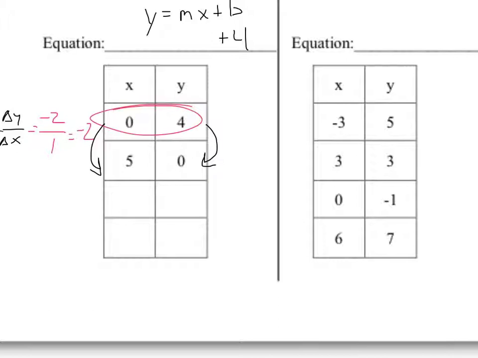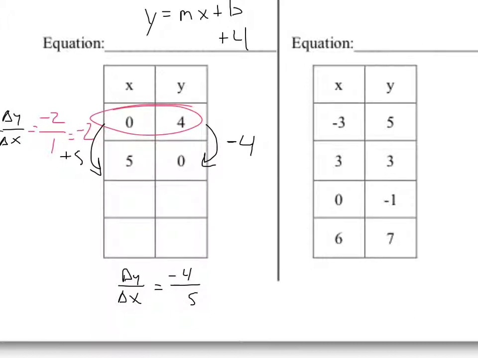So my change in y here, I go from 4 to 0. I'm going down 4, so that means I need to make sure that that's a -4. And from 0 to 5, that's going up, so that's a +5. So when I look at my slope as my change in y over my change in x, I can see that my y changed -4, and my x changed +5.